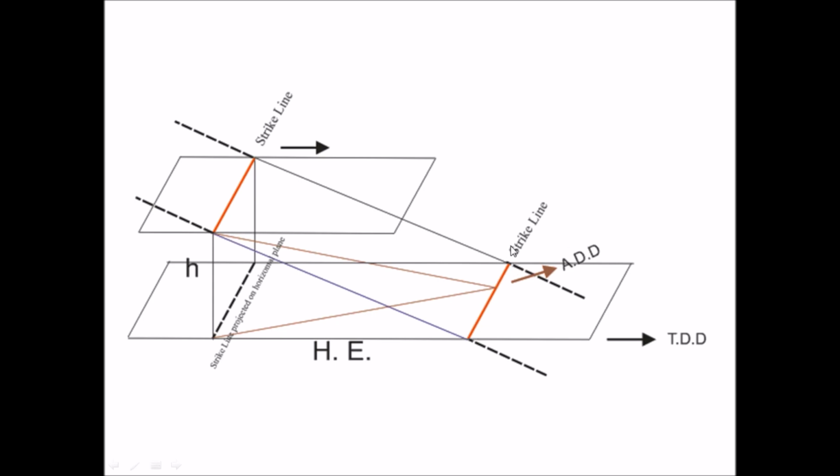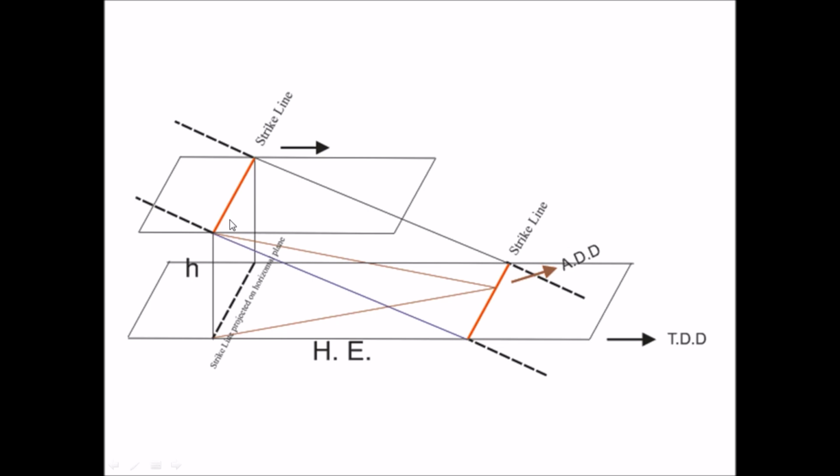So we have one strike line formed by the intersection of this horizontal plane with the inclined bedding plane, and then there is another horizontal plane with a height difference of H, and it is intersecting this inclined plane at this height. So these two red lines are the strike lines formed by the intersection of this inclined bedding plane with the imaginary horizontal planes.